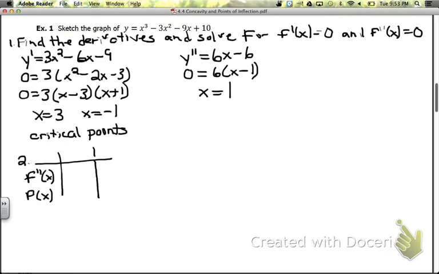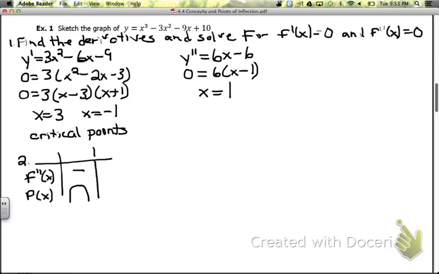So on the left hand side, if you take a value, looking at your f double prime of x, if I were to take 0 and sub it in there, or you can take a value such as 0.9, which is very close to 1 but isn't, you're going to get a negative. And when my f double prime of x is negative, my function we know is going to be concave down.